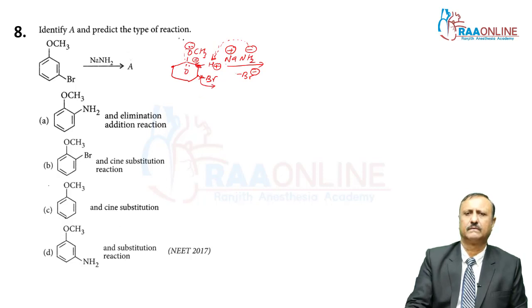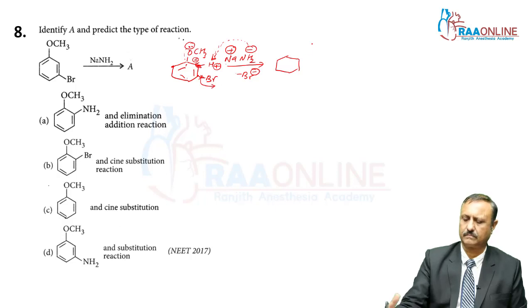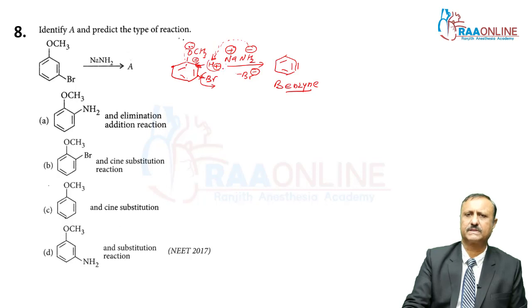Now, this ring, my dear students, is a benzene ring, and it is converted into a benzyne. This is called benzyne. Because here the bromide ion is left, and the H plus ion is accepted by this NH2 group, it is called benzyne.